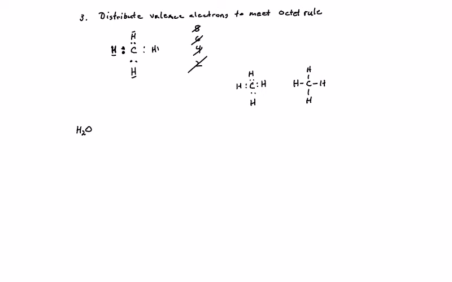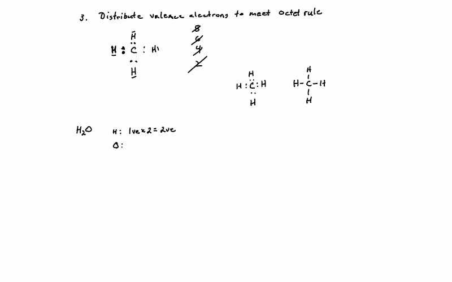Okay, so what I'm going to do here is start off by counting up the number of valence electrons. We have hydrogen, which has 1 valence electron. And there are 2 hydrogen atoms, which gives us a total of 2 valence electrons from hydrogen.